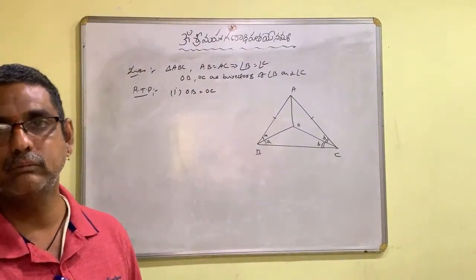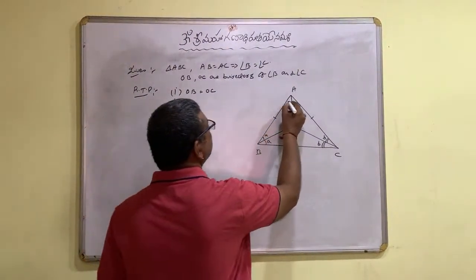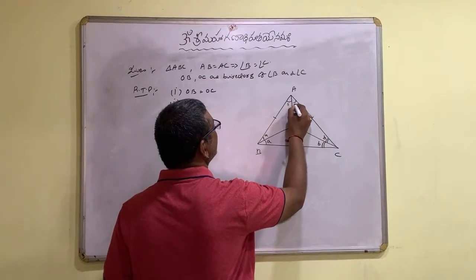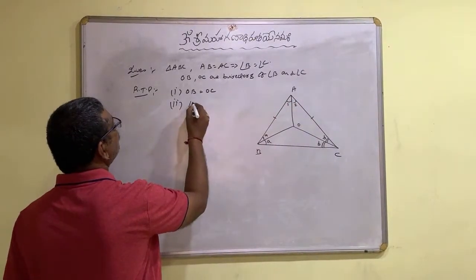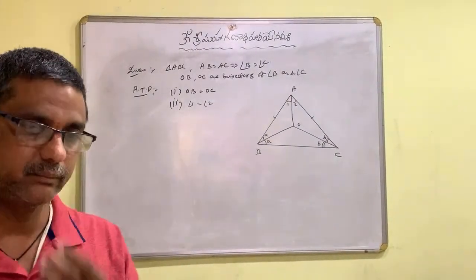Second one, I will name this angle as angle 1 and this angle as angle 2, and I have to prove that angle 1 is equal to angle 2.